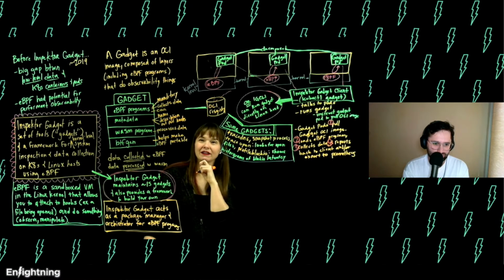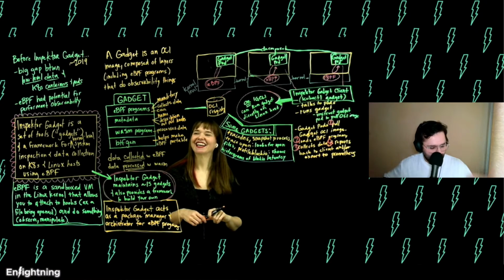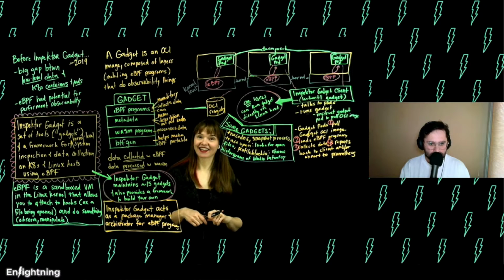Say it again. What I'm saying is that, for example, if I want to see certain events for a specific container, let's say what files are being opened by a process in a container, I will have a filter for it.